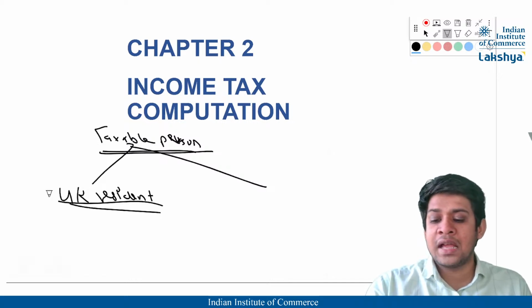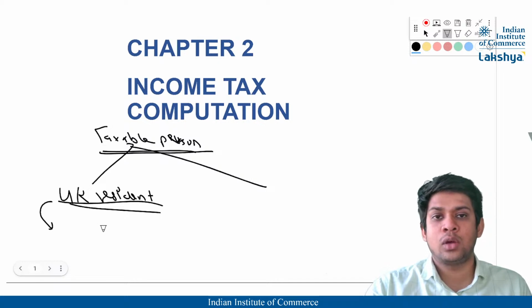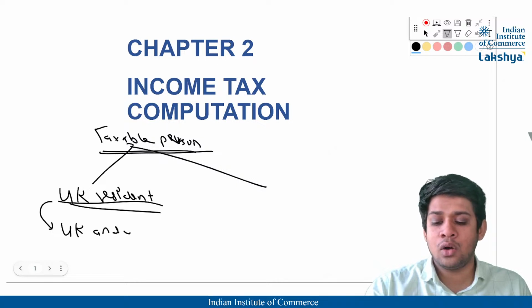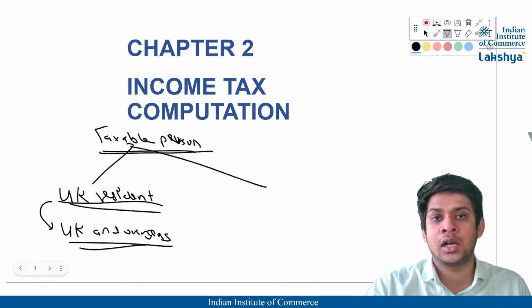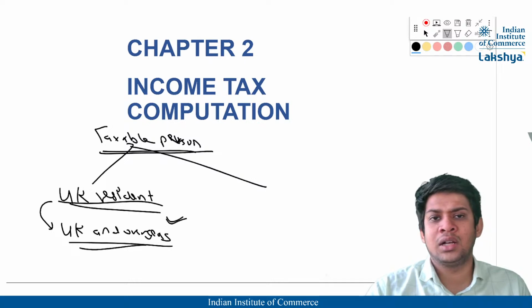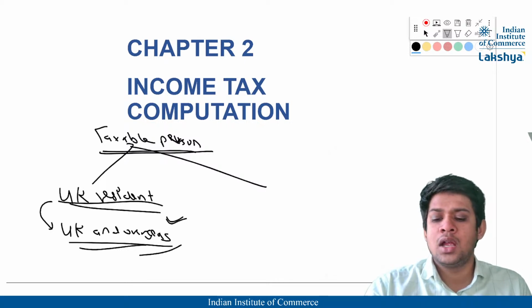So guys, if that person is residing in UK and is classified as a UK resident, the income that he is generating in UK and also any income that he is generating overseas, that means in any other country, all will be taxable under UK. If there are any double taxation agreements, then he can ignore that, which is not examinable anyway.